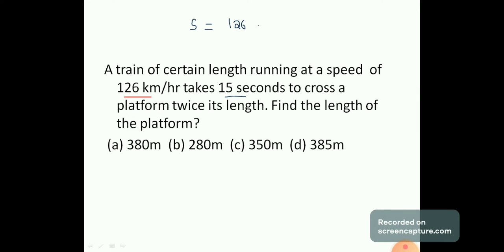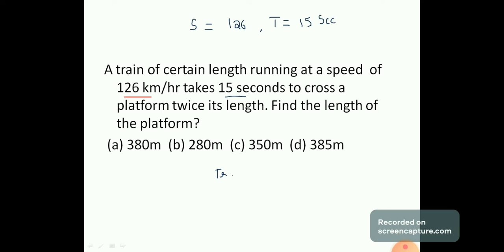Speed is given as 126 km per hour, and time is given in seconds, while the options are given in meter. So obviously we have to convert 126 kilometer per hour to meter per second to get the answer.